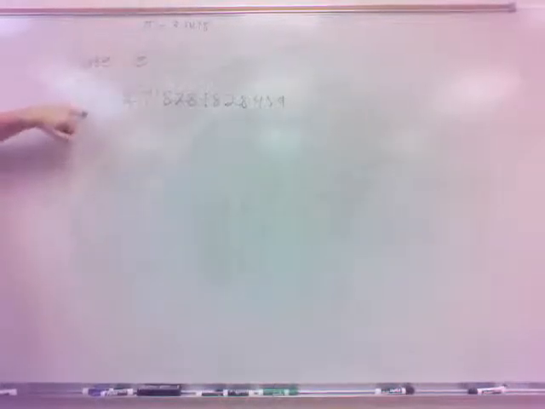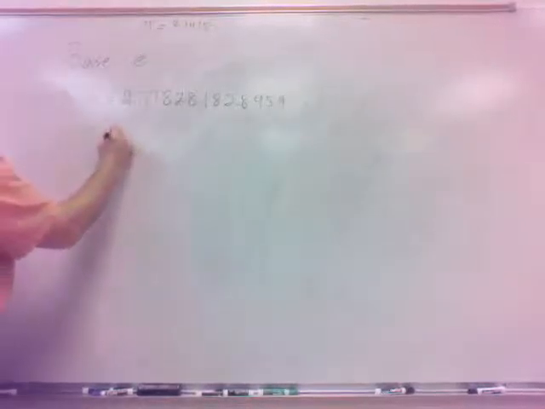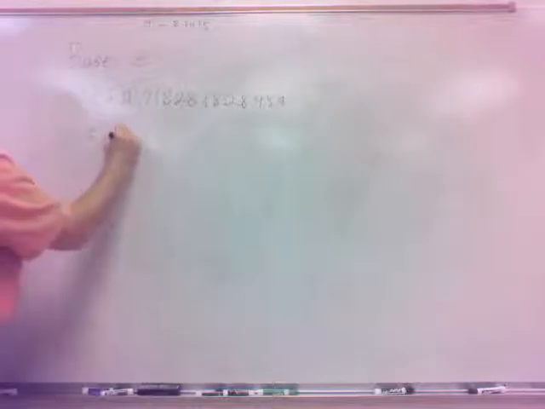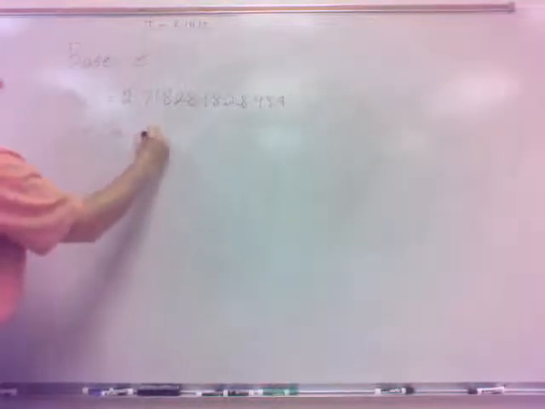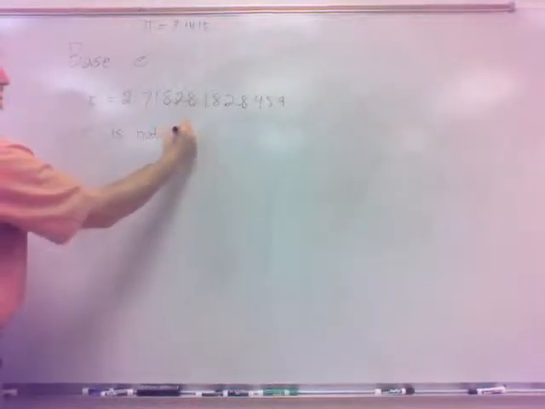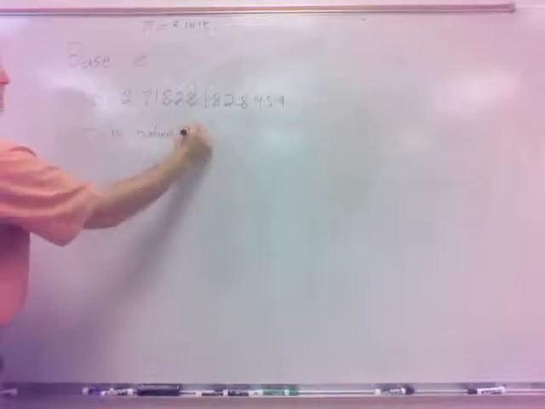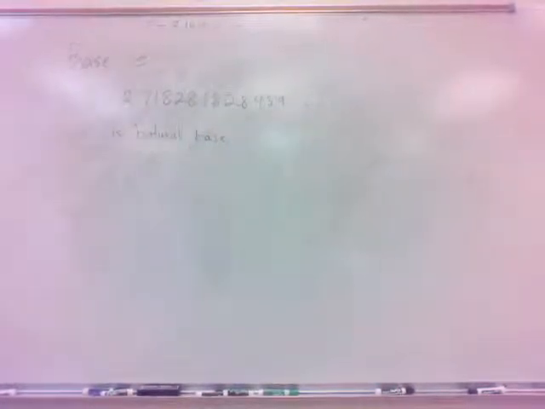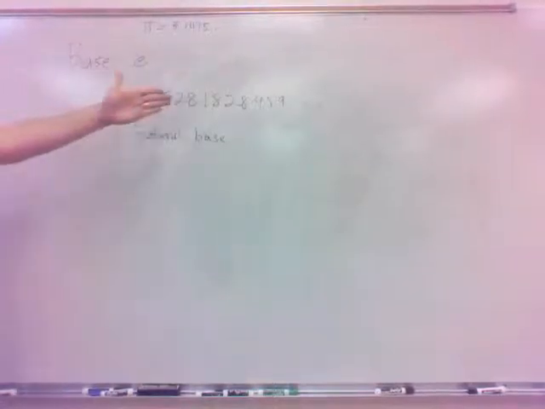But actually, E is called the natural base. Because, like I said, it's a naturally occurring number, and it occurs in a lot of places. It's called the natural base. It's just like pi. It's equal to this number right here.